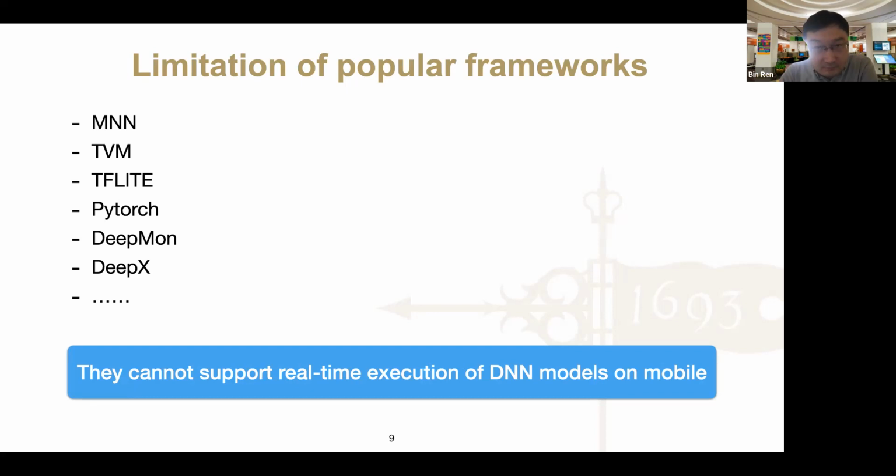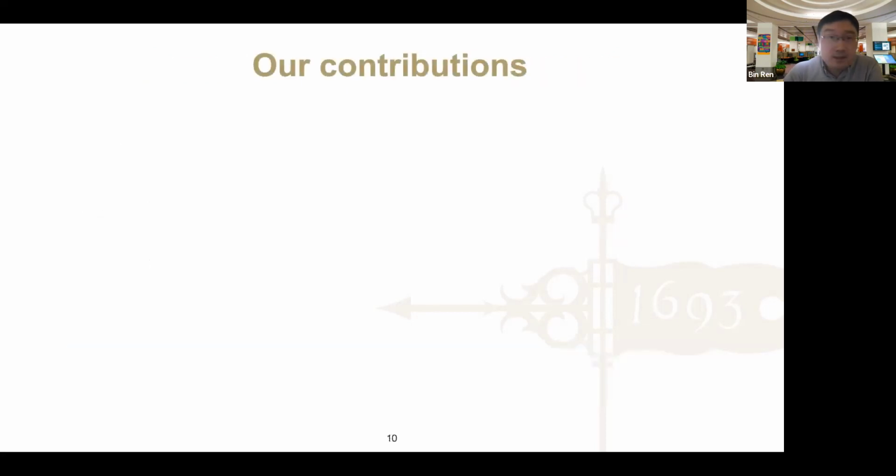So this is a major limitation of the existing popular frameworks. We are going to have some performance comparison between our work and these popular frameworks. And based on this context, let's introduce our contributions.